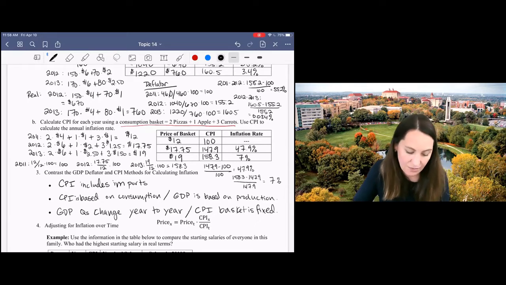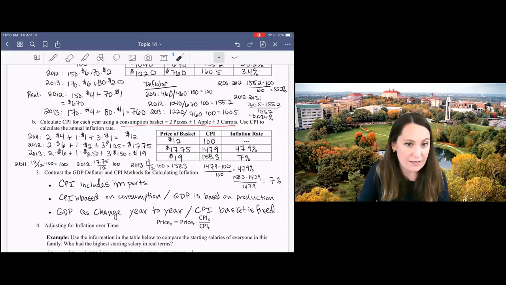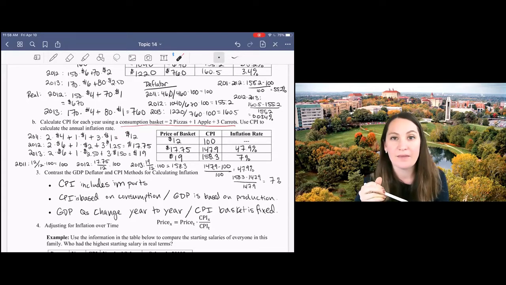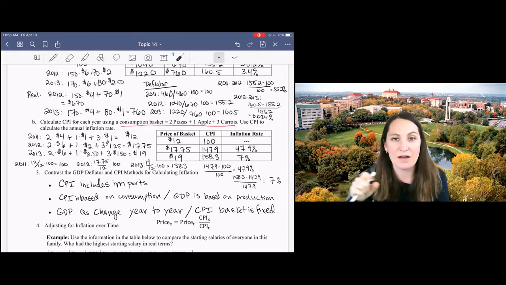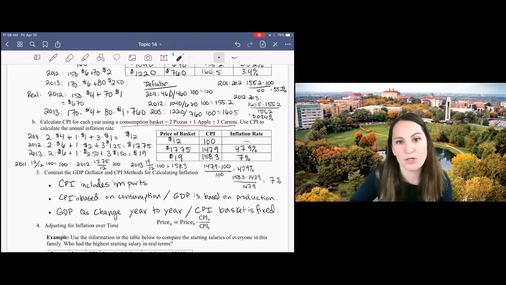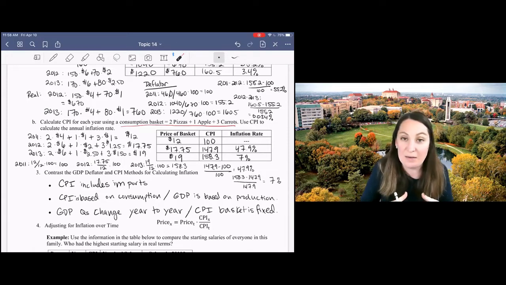Okay, you'll notice, right, when we calculate our CPI, in every year I'm using the same quantities: 2 pizzas, 1 apple, 3 carrots. In our GDP calculation, every year I weight the prices of every good a little bit differently based on changes in what's actually being produced. So CPI, by holding constant those quantities, gives us a more pure measure of changes in prices.